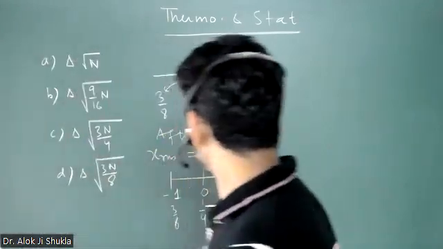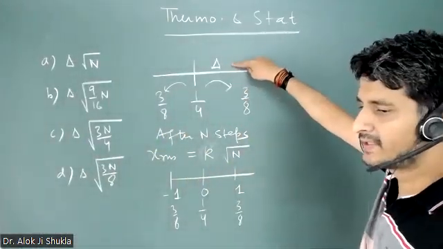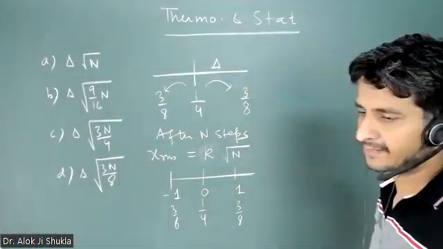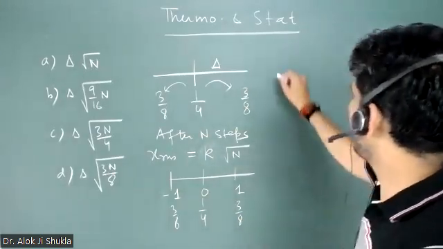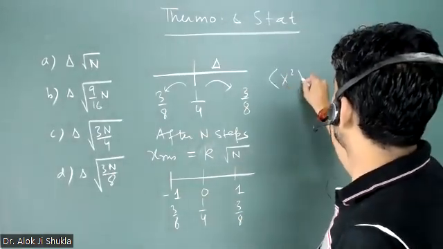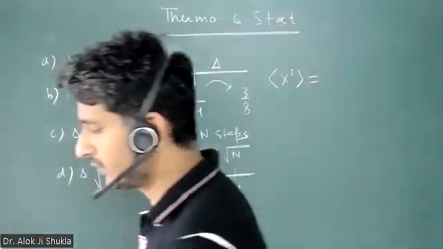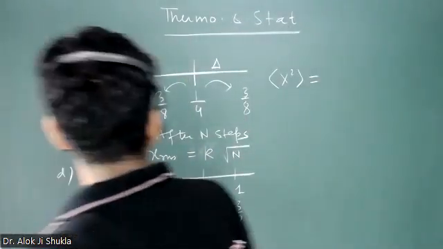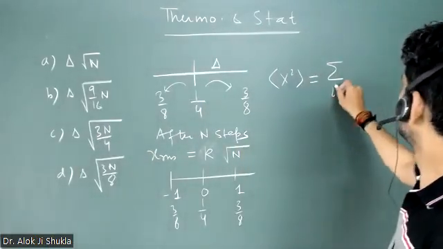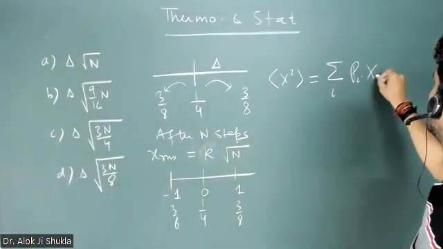Tell me. When step is delta, I will multiply it by delta. So I can calculate the average of x square from here. Tell me what it will be according to the probability. Summation over i of p i x i square.